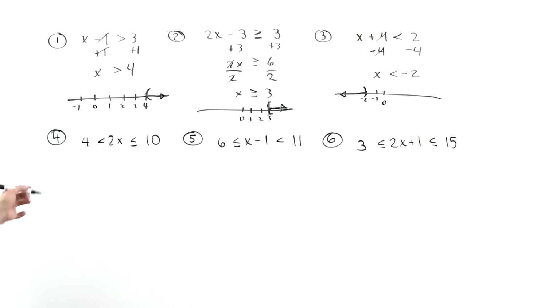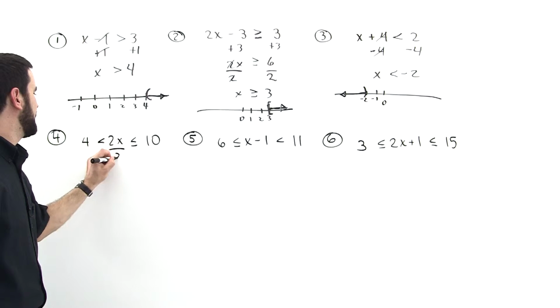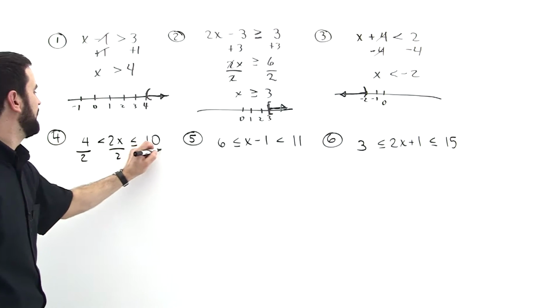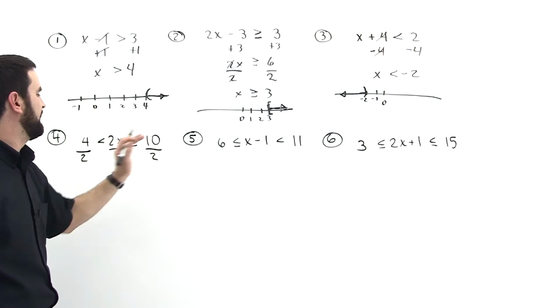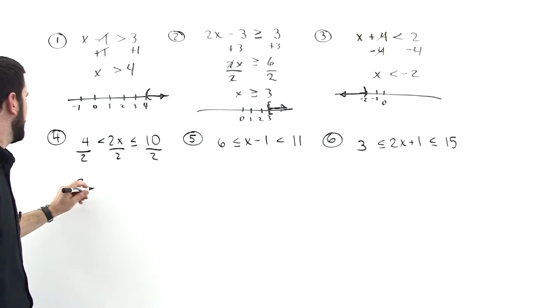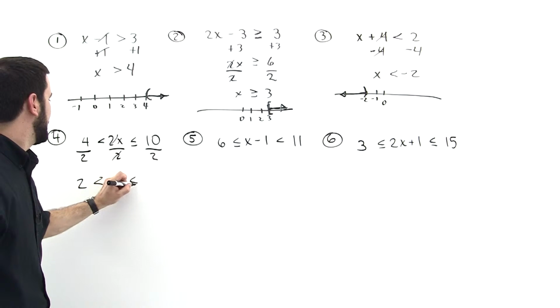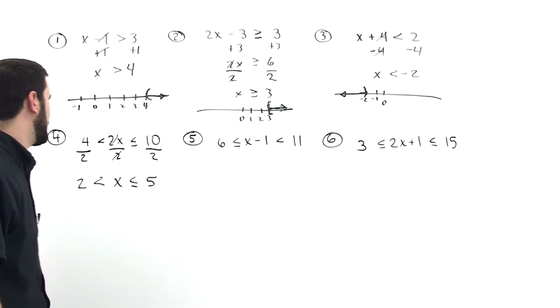For this one, we've got a situation where x is greater than something and less than something else. So we need to isolate the variable and divide by 2. Whenever you divide the middle part by 2, you divide all of the other parts by 2 as well. That gives 2 less than x less than or equal to 10 divided by 2, which is 5.